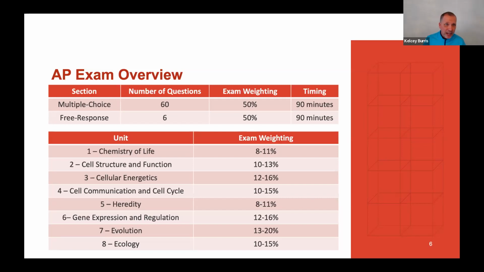That's DNA replication, transcription, translation, and then eukaryotic and prokaryotic gene regulation, that's 12 to 16%. You have Unit 7, which in 5 Steps to a 5 we refer to as evolution. It might be referred to as natural selection. That's 13 to 20%. And then finally, ecology, which is 10 to 15% of the course.